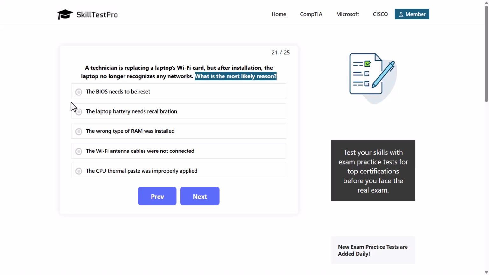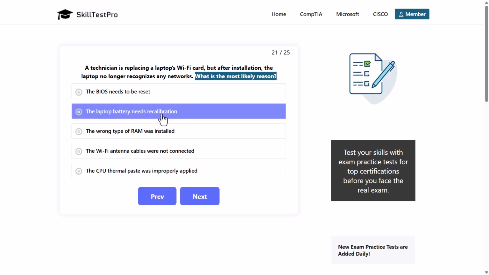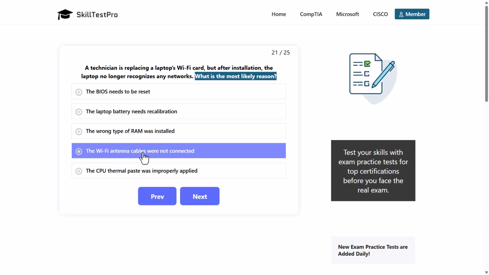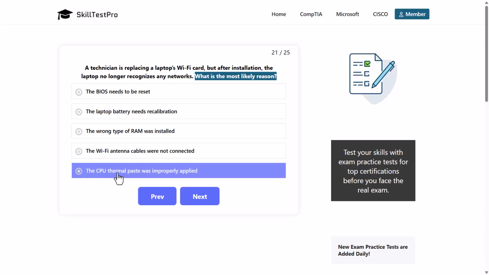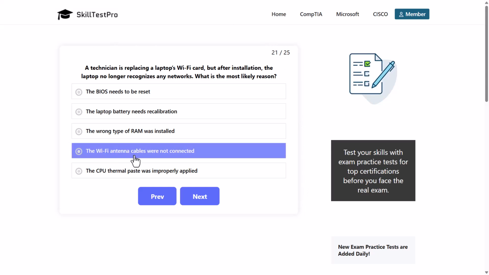The BIOS needs to be reset, the laptop battery needs recalibration, the wrong type of RAM was installed, the Wi-Fi antenna cables were not connected, or the CPU thermal paste was improperly applied. And the correct answer is that the Wi-Fi antenna cables were not connected.